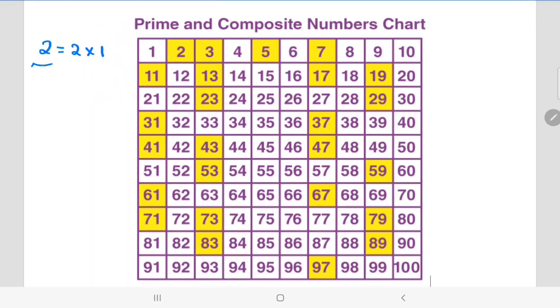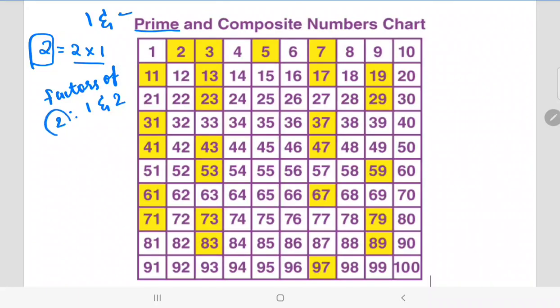If you take the example of 2, 2 can be written as 2 into 1 and it cannot be written as anything else. So the factors of 2 are 1 and 2. As I told you, any number that has the factors as 1 and the number itself is known as a prime number.